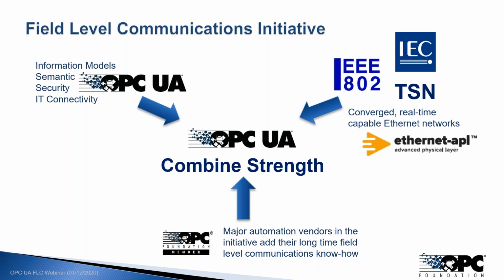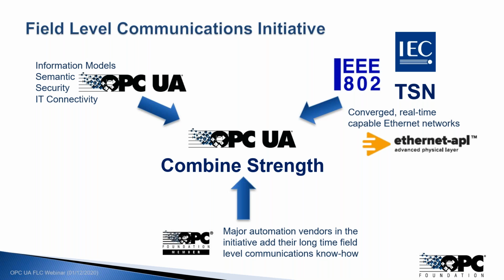Especially important is time-sensitive networking, because it allows us to have a deterministic communication based on standard Ethernet. And time-sensitive networking is also important because it supports network convergence to allow IT, OT traffic to coexist in a common network infrastructure.